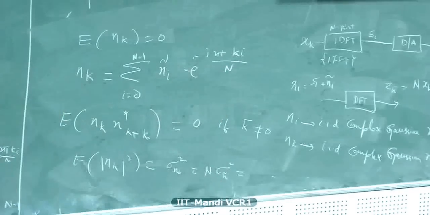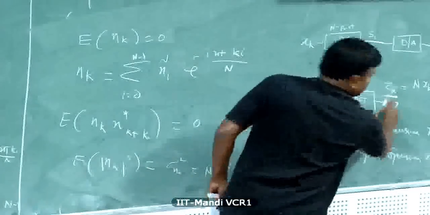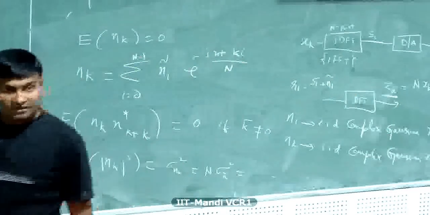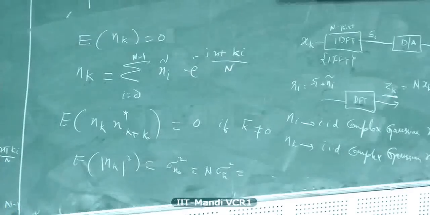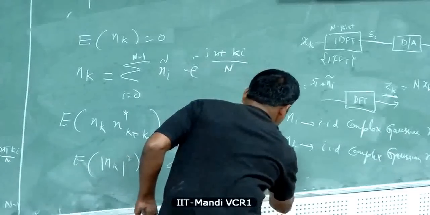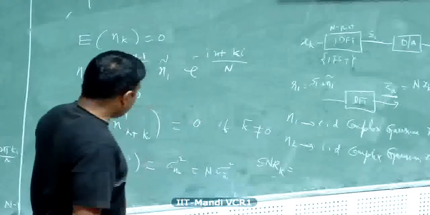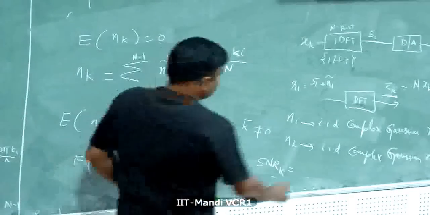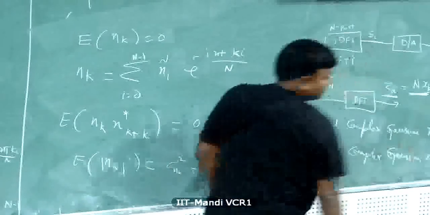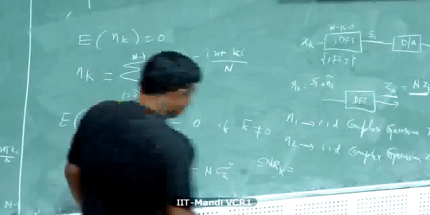So now we should be able to define the signal to noise ratio for the decision variable Z of K. The signal to noise ratio for any subcarrier K is equal to, what is the signal power? Signal power is N squared sigma X squared.